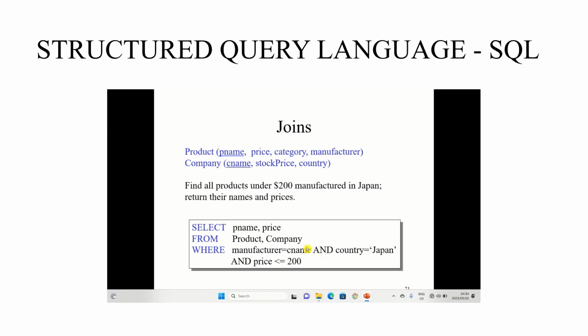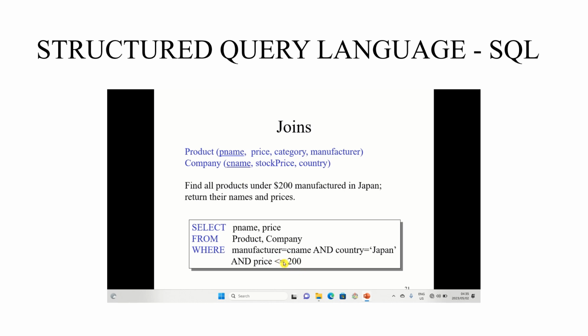And then keep to these block capital letters because it is part of the programming. If you don't use uppercase, then the programming will be wrong and your query is not going to execute. And then the other condition is that they should be manufactured in Japan. All products less than this. So price less, I don't know why they will put equal. It's supposed to be strictly less, under.